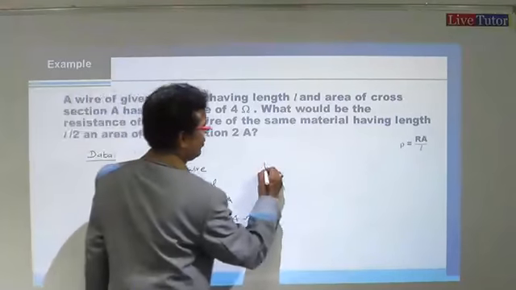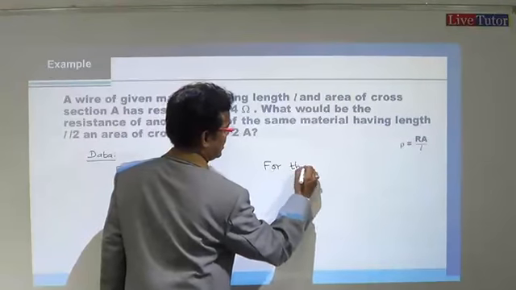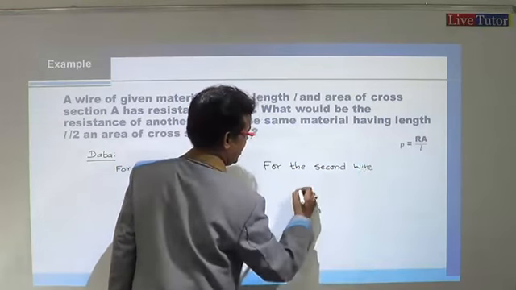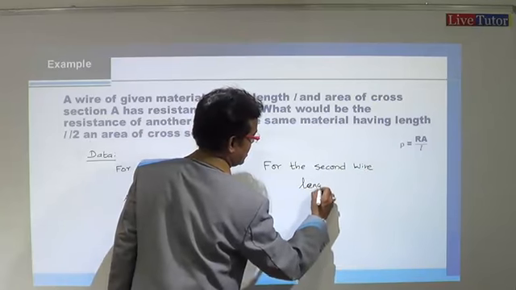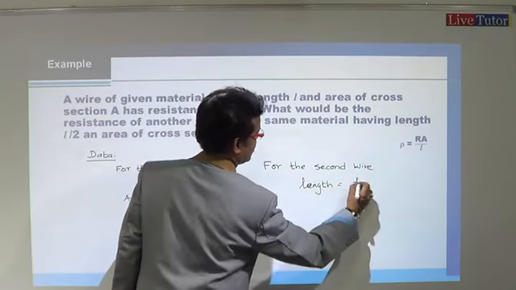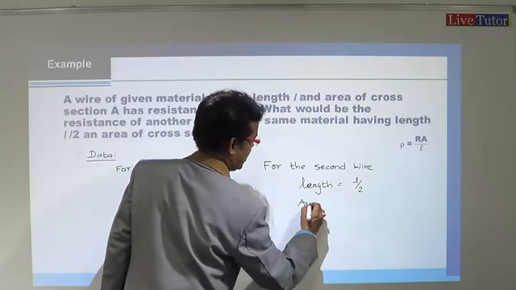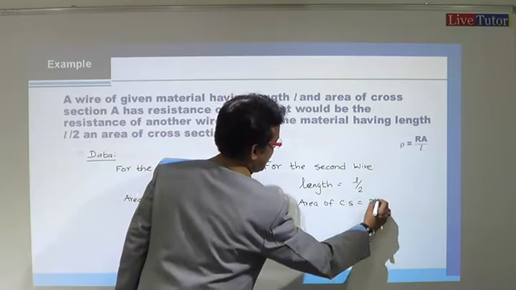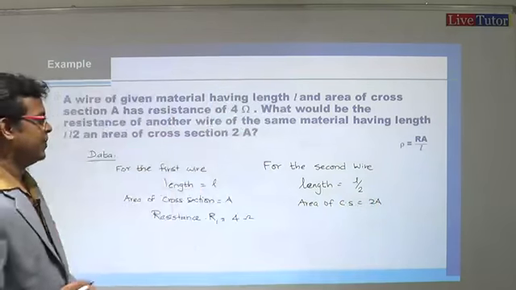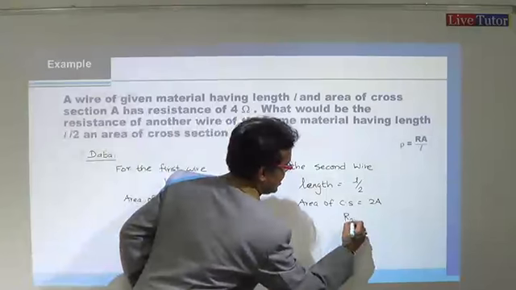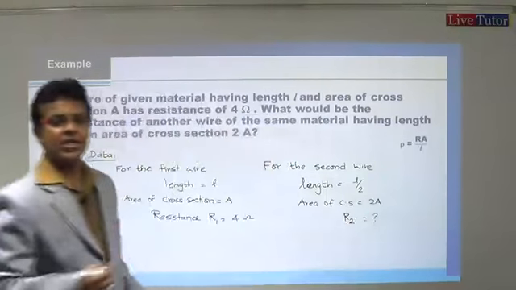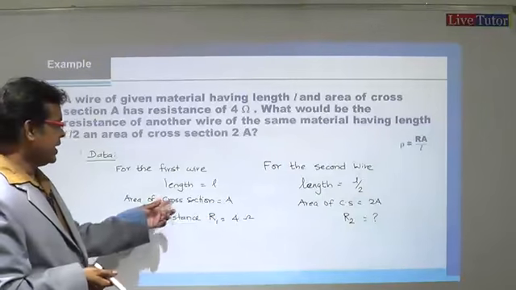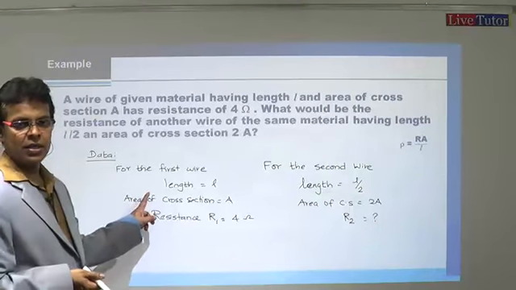And similarly for the second wire, length is L by 2 and area of cross section is twice the area of cross section. Now they are asking what is the resistance R2. This is the given data. Are you able to see these letters? Is it legible?